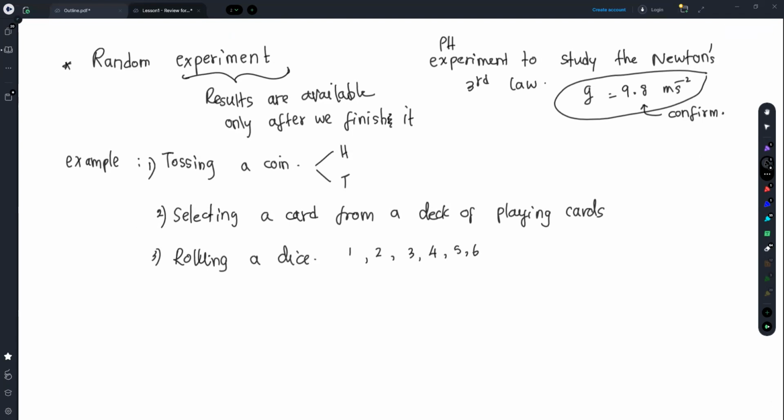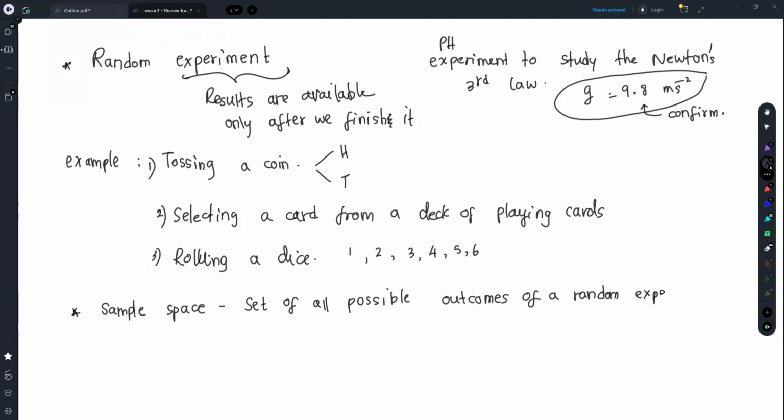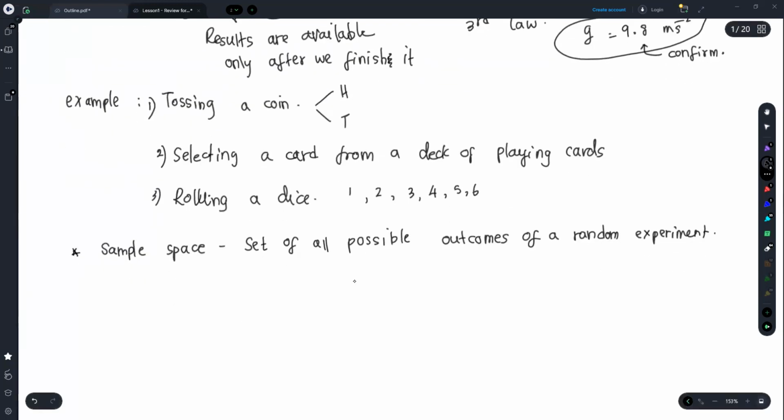Then all these possible outcomes that you can get, what do you call it? We call it the sample space. The sample space is the set of all possible outcomes of a random experiment, in set notation. For experiments 1, 2, and 3, can you write down the sample space?